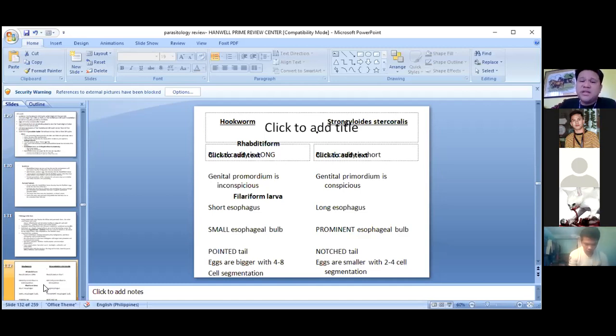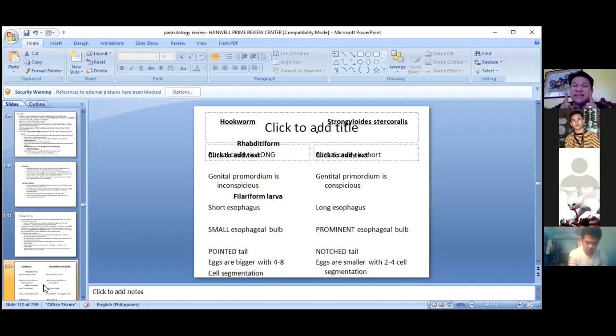Okay? Your rhabditiform larva and filariform larva are actually nearly similar, correct? But apparently there are differences. Naintindihan? Now, what are the differences? For example, the diameter of the buccal capsule for hookworms would be actually longer, whereas the diameter of the buccal capsule of your Strongyloides stercoralis would be shorter.